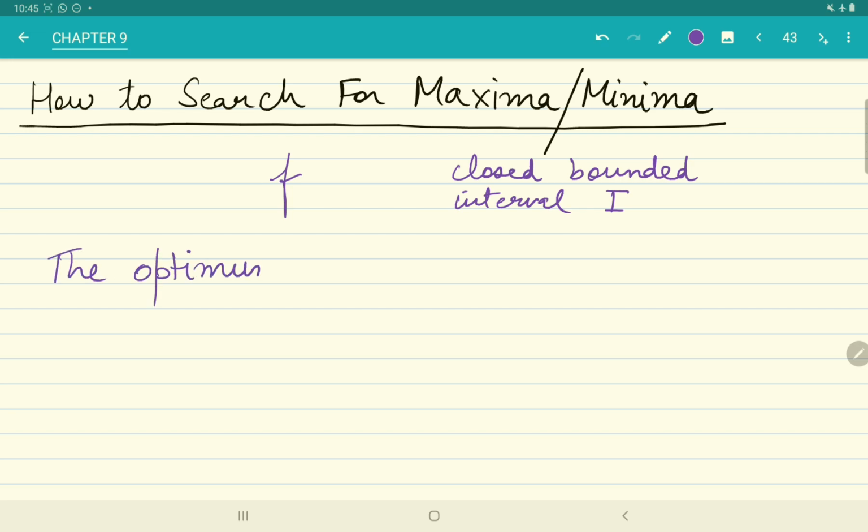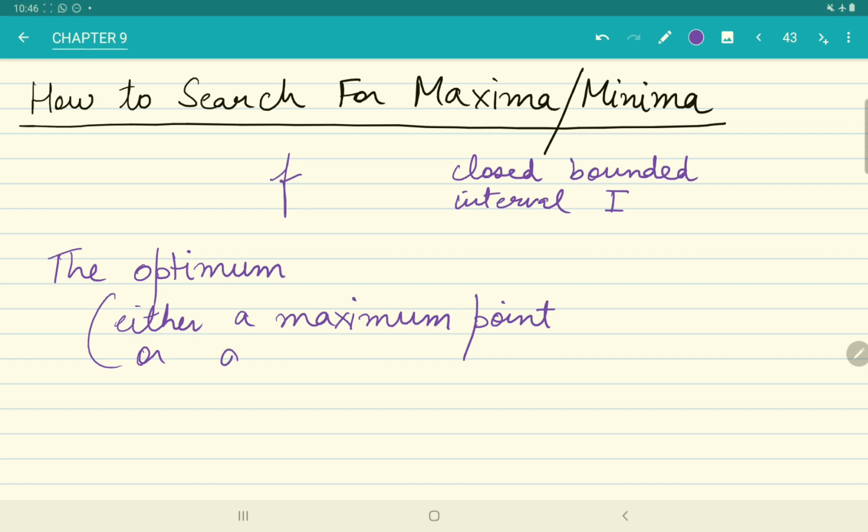So the point to note here is, if we talk about the optimum, and when I say optimum, optimum can be either a maximum point or a minimum point.